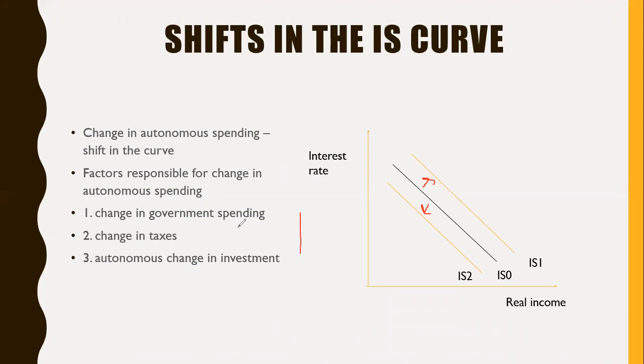Favorable change means a rise in government expenditure, a fall in tax, and a rise in autonomous investment. This will result in a shift of the IS curve to the right, and vice versa. So a fall in government expenditure, rising tax, and a decline in autonomous investment will shift the curve to the left. So these are the reasons behind the shift of the IS curve.